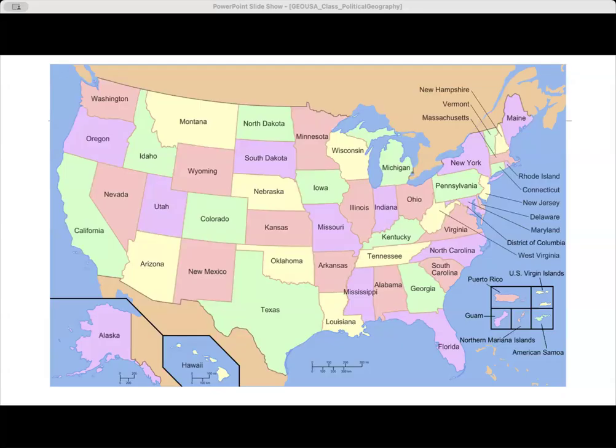So to understand the composition, you have to think that these borders also came to be and changed over time, both through negotiation, through policy decisions, through acts of Congress, etc. And a lot of these borders were actually also based on the natural landscape. There are places where the Mississippi River acts as a natural border. There are other places where other waterways or mountain ranges act as a natural border.